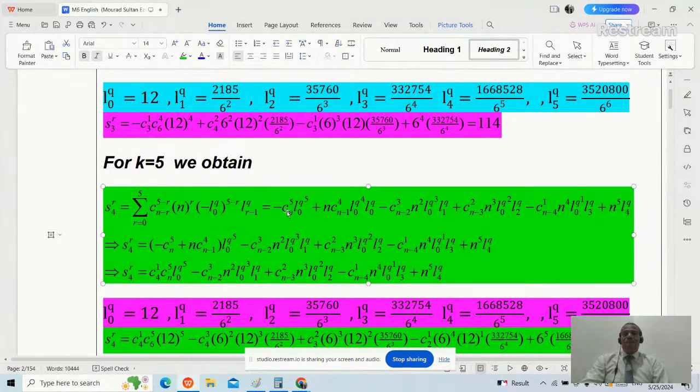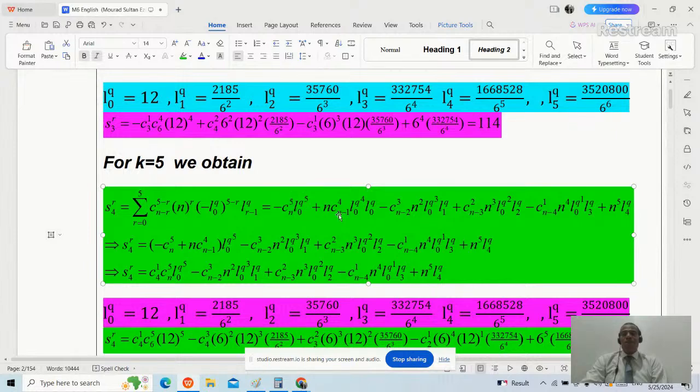When r equals 0, it will be combination n choose 5 times L0 of order 5. Plus when r equals 1, it will be n raised to the power 1, combination n minus 1 choose 4 times L0 of the q, 5 minus 1 is 4. You can see this one is a common factor between these two terms.